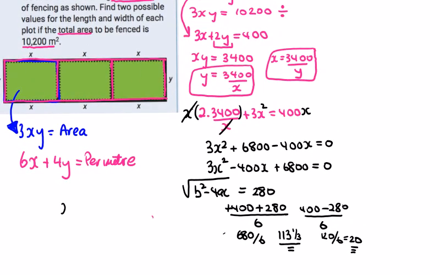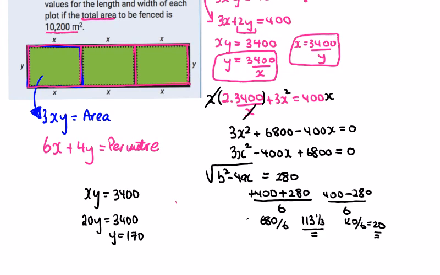So we have xy equals 3400. I'll take the 20 first. If x is 20, we're going to have 20y is 3400. So y is equal to 170. We're going to see, does that work?